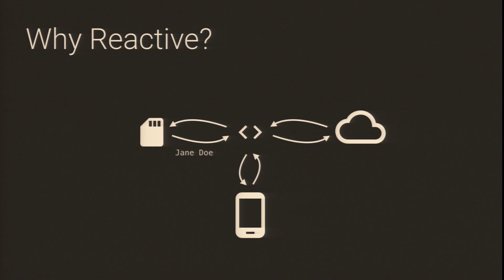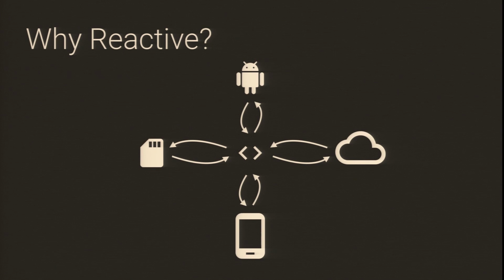You have to explicitly state that when a network call comes back, that gets written to the file system. And you have to explicitly state that when some object is updated from the database, that gets piped into the UI. You're explicitly stating all of these dependencies and managing them yourself. And then, in the case of Android, there's the actual operating system that surrounds you.